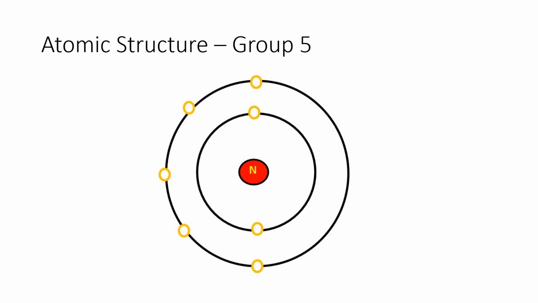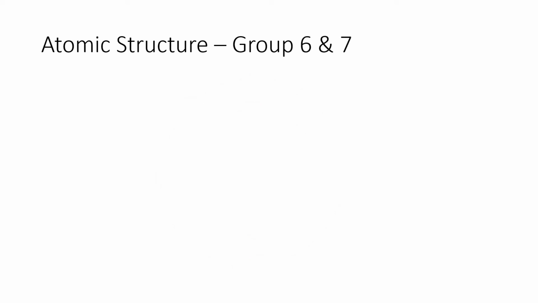Now let's look at group 5. These elements have 5 electrons in the outer shell. In this case, it is easier to gain 3 more electrons to get a full shell of 8 instead of losing 5. Therefore, these elements gain 3 and become 3 minus charged. Interestingly, the majority of compounds involving group 5 use covalent bonding instead of ionic. Moving on to group 6 and 7.